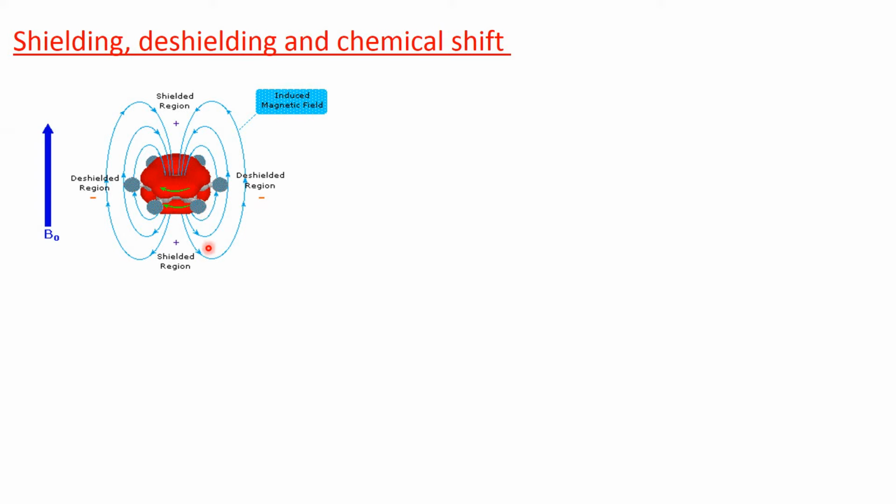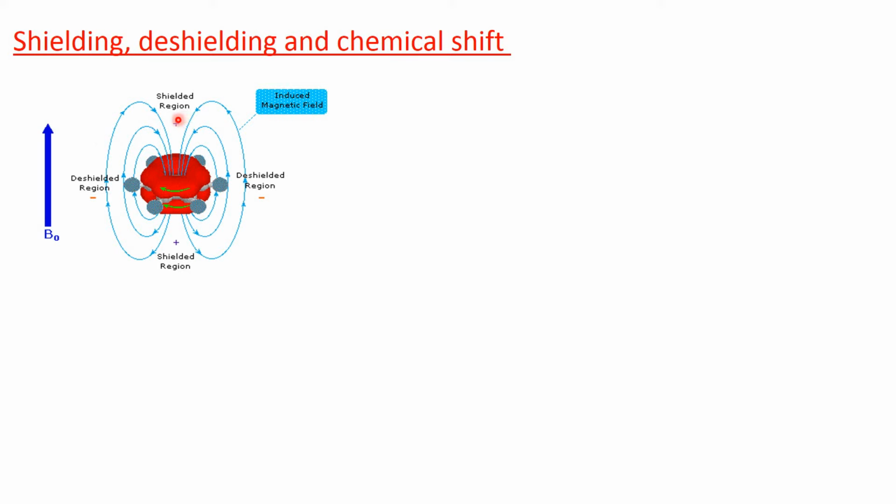Now, what I told, if the proton is in the deshielded region, then it is experiencing more magnetic field. So when it is already experiencing more magnetic field, then it will flip. That means that nucleus will flip at lower external magnetic field. Okay? And if the proton is in the shielded region, then it is experiencing less magnetic field, because this induced magnetic field opposes the applied magnetic field.